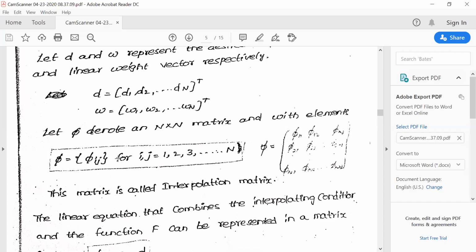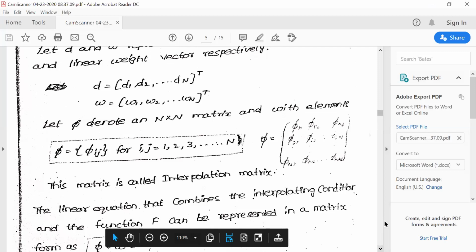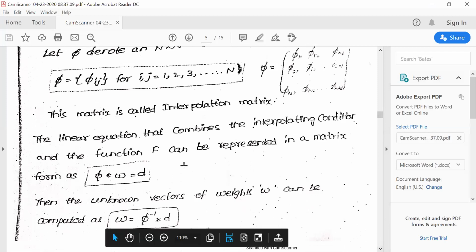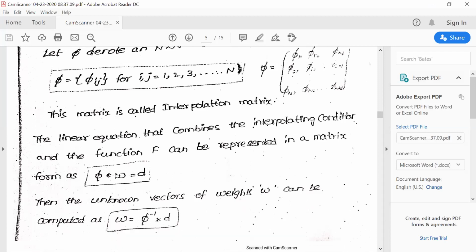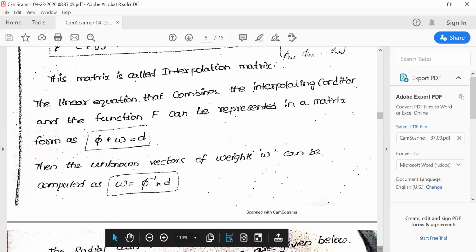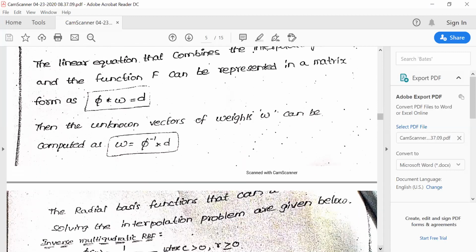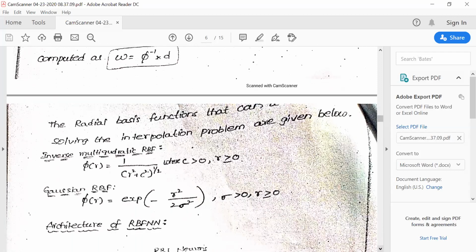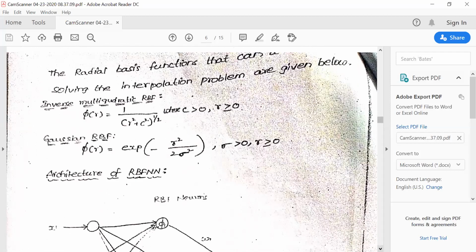Then, assuming that the function is phi that maps the input patterns to desired responses, the relationship between the function phi, the weights and the desired responses is: phi into W is equal to D, and the answer we need to identify is W is equal to phi inverse into D. You need to find the inverse and then multiply it with the desired responses. We'll solve the problem at the end, using the same formulas for identifying it. And phi acts as the function which actually maps.